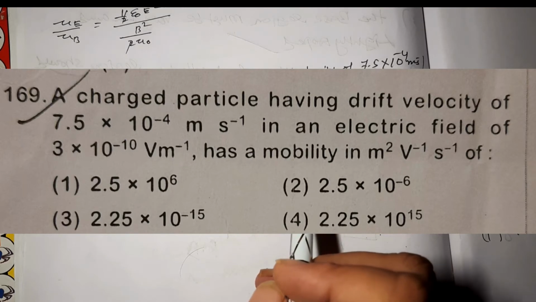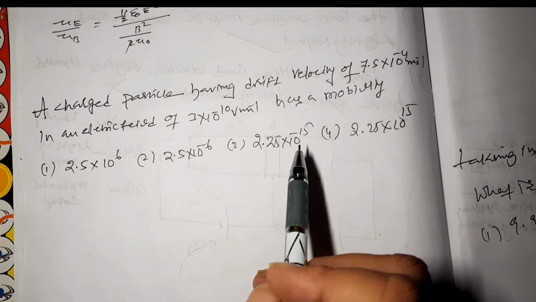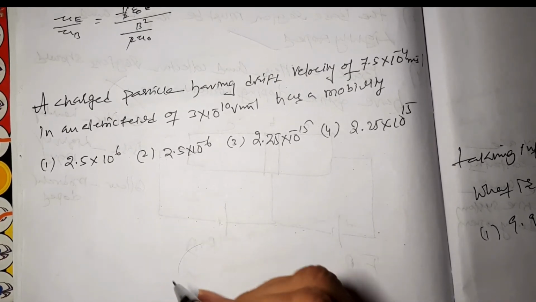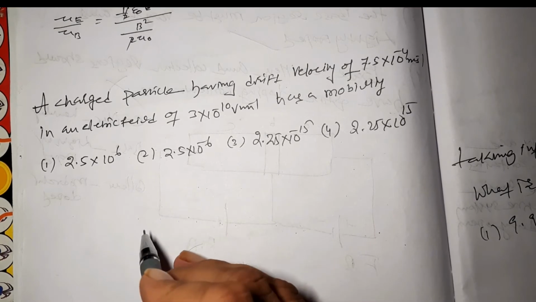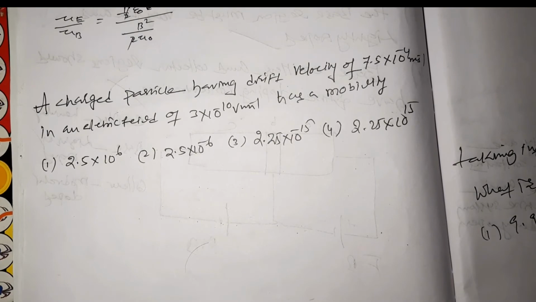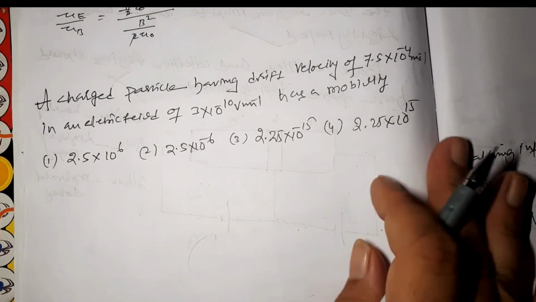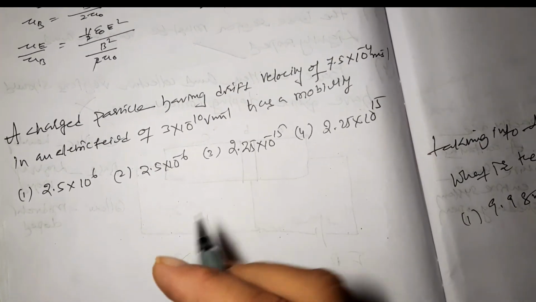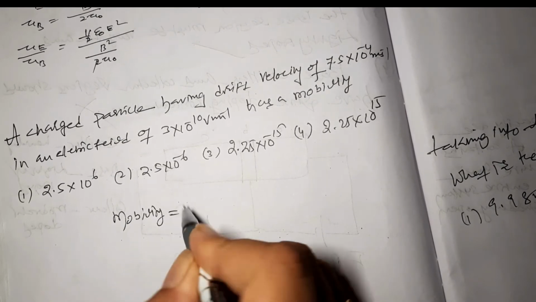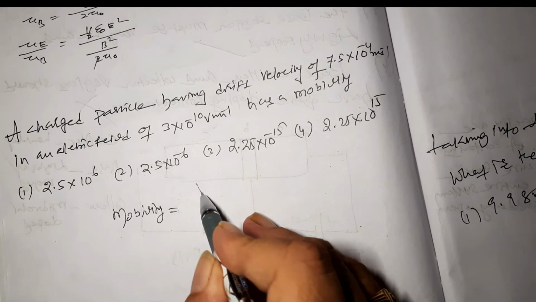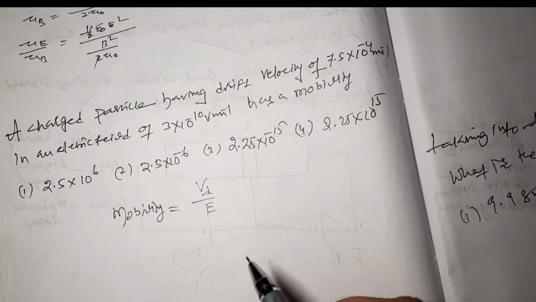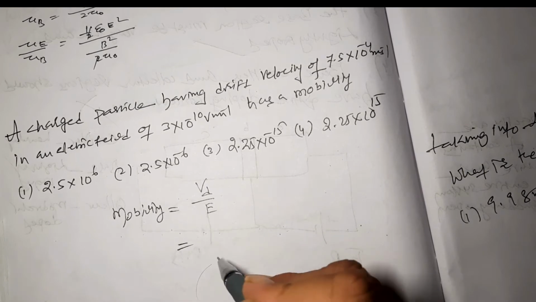So to solve this problem, we have to use one formula. What is that formula? Mobility is equal to drift velocity per unit electric field. So this is the basic formula.